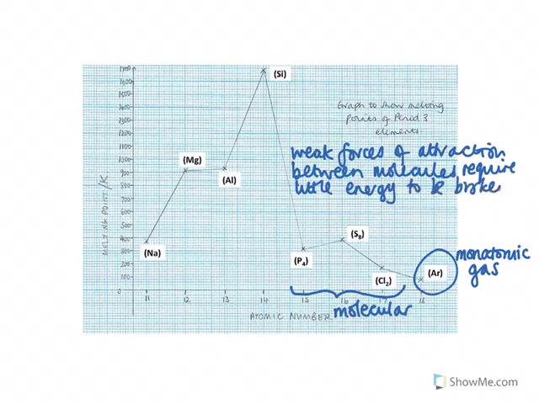Now, what's important about this is the fact that each of these substances is completely nonpolar. And so those weak forces of attraction are in fact van der Waals forces of attraction.